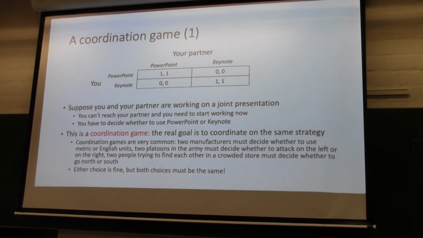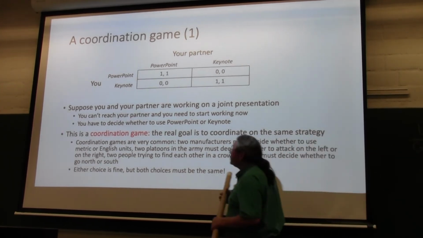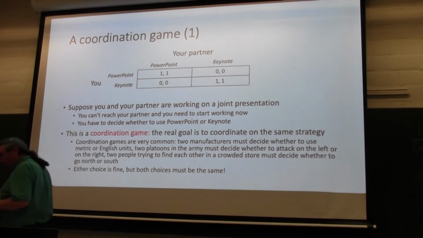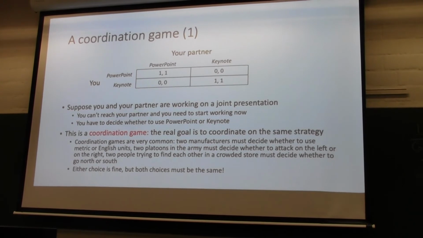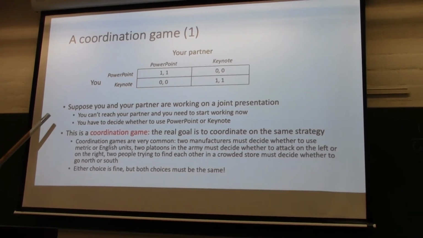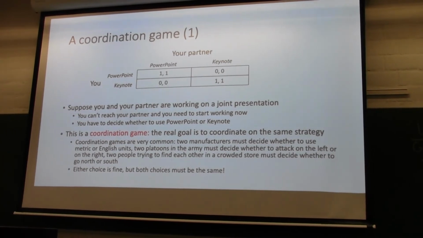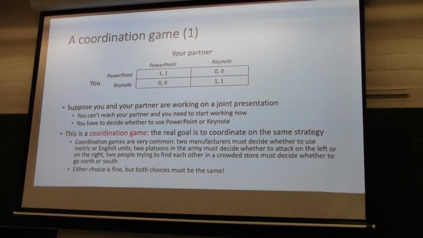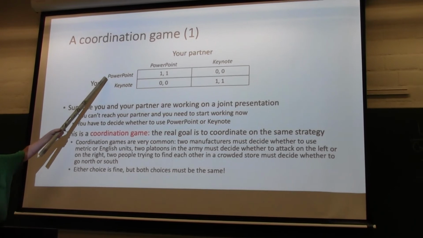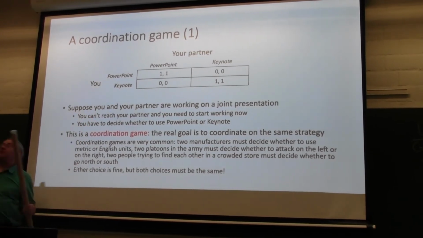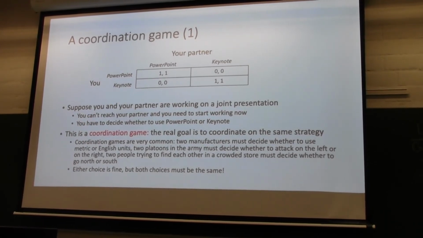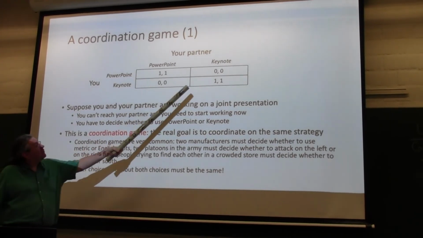So here's a simple coordination game, okay? It's called coordination because the goal somehow is that they collaborate. You and a partner are working together on slides for a presentation, and you have a choice. You either use PowerPoint or Keynote, and the other one also chooses PowerPoint or Keynote.